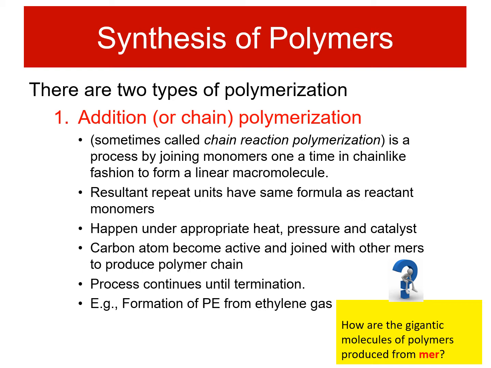The resultant repeat units have the same formula as the reactant monomers, and it happens under appropriate heat, pressure, and catalyst. The carbon atom becomes active and joins with other mers to produce the polymer chain. And the process continues until termination. One of the examples for this type of synthesis of polymers is the formation of polyethylene from ethylene gas.